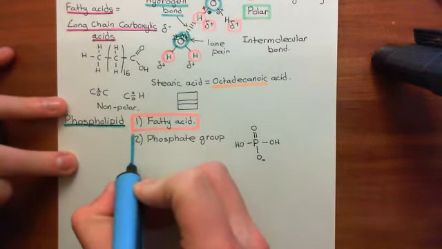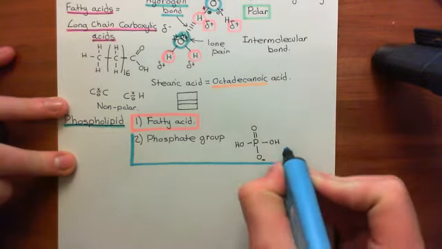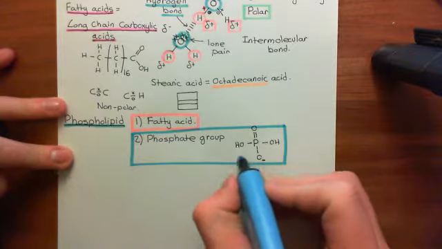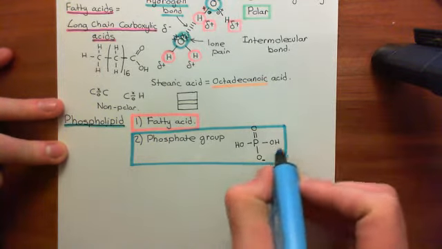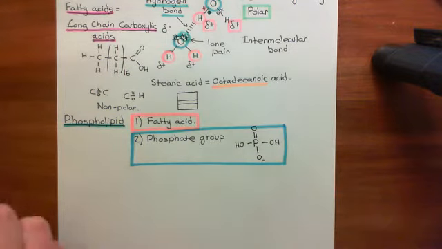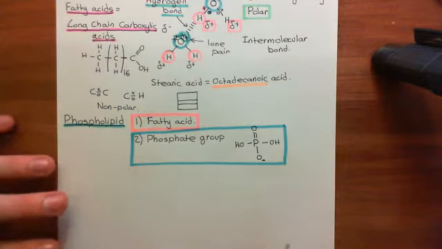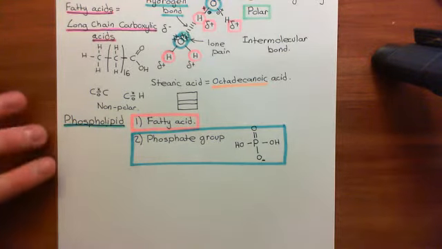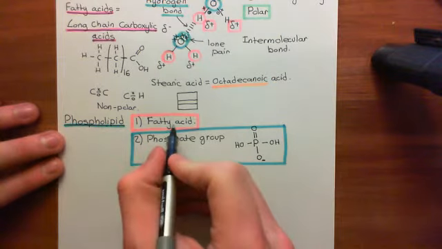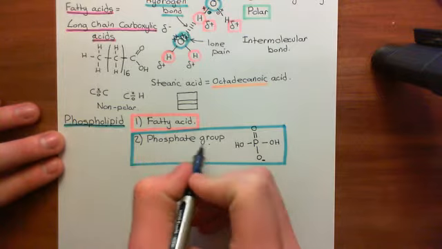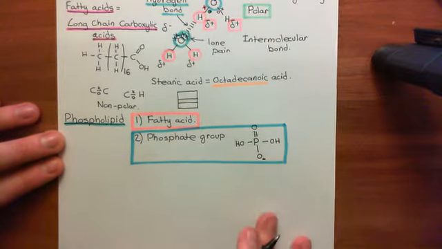So this is the structure of a phosphate group in blue here, or rather an inorganic phosphate at the moment, but we're going to add this inorganic phosphate onto molecules to create a phosphate group. Those are the two criteria then that you have to obey in order to be a phospholipid. You need to have a fatty acid within your structure, also called a long-chain carboxylic acid, and you need to have a phosphate group within your structure.